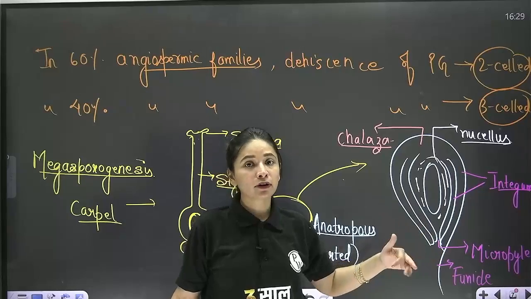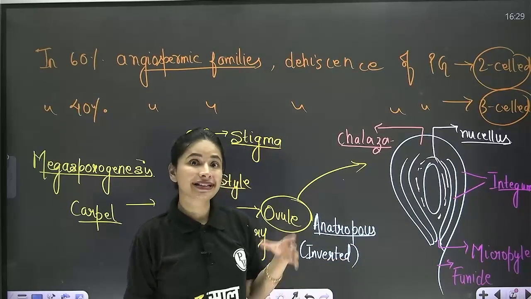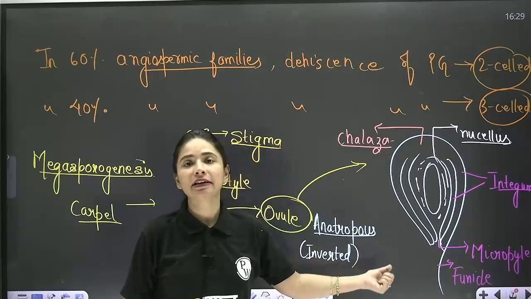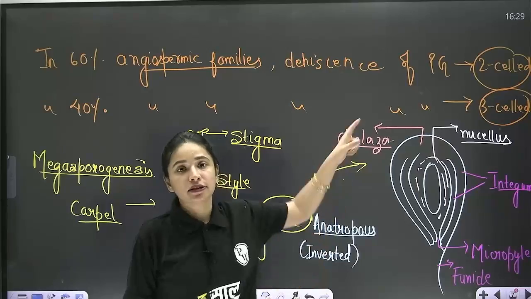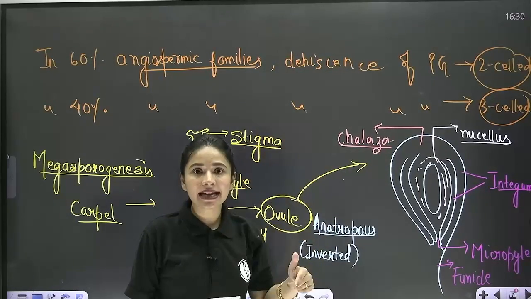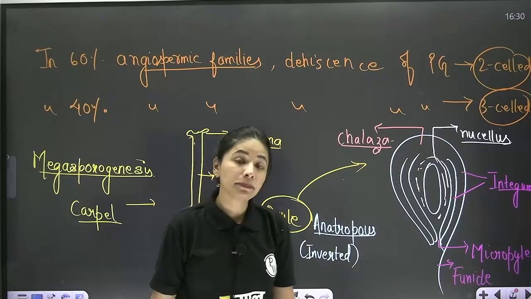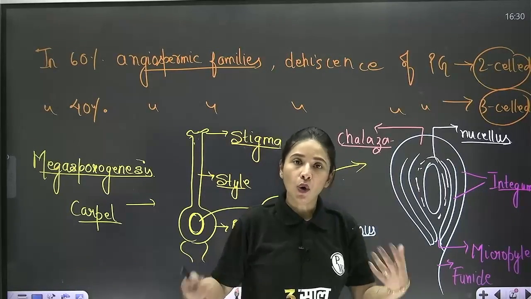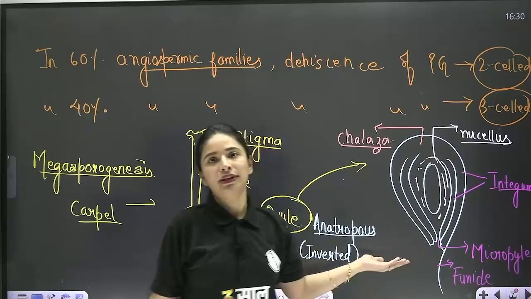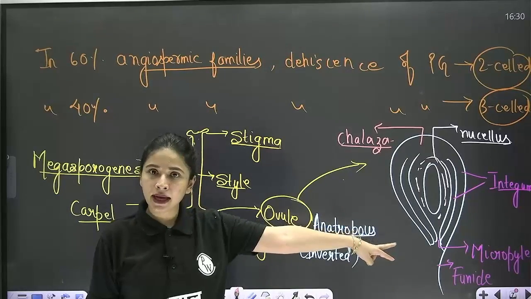So, that means micropyle is the top portion of the ovule, not the down portion. It's simply because the ovule is kept inverted. That's why you are seeing micropyle at the base and chalaza at the top. But reality is that chalaza is at the base and micropyle is at the top. But in 80% of the families, beta, ovule is kept in this manner only. Hence, we have to draw an inverted ovule. Correct? Got my point, everyone?